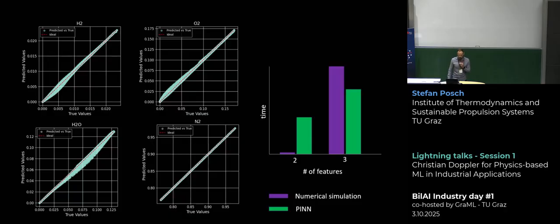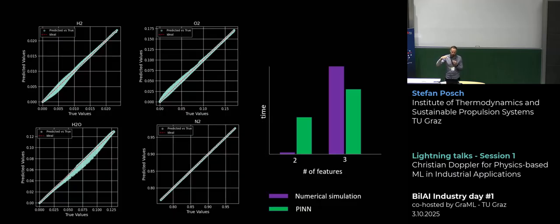But if we increase the number of features, for example, from 2 to 3, the PINN gets better.